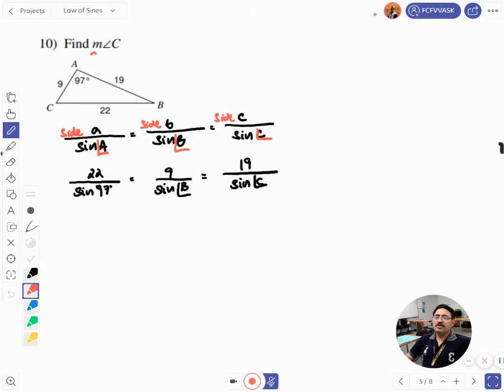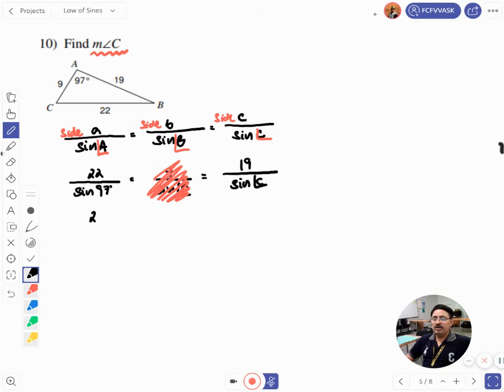Read the question. You are asked to find the measure of angle C. Therefore, this fraction is a must, and I know the values of both numerator and denominator, so I have to consider this fraction too. The one in the middle is not required. That is misleading extra information.